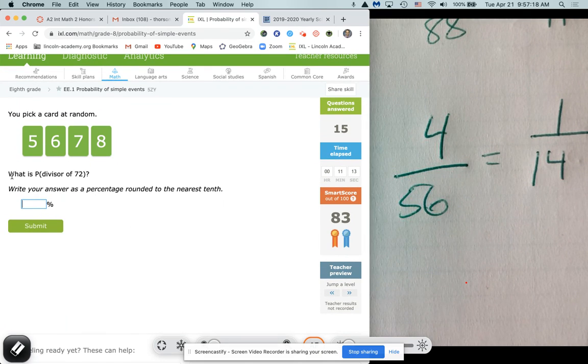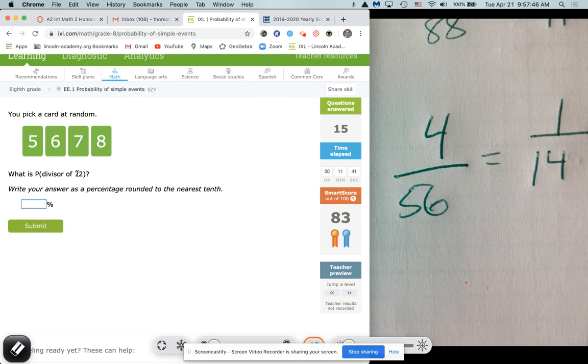This one here says, what is the probability that we get a divisor of 72? I'm glad we're getting to these. I want to make sure you understand what a divisor means. It means numbers that divide into 72. Is 72 divisible by 5? No, it is not. So 5 is not a divisor of 72. Does 6 go into 72? Or is 72 divisible by 6? Yes, it is. So 6 is a divisor of 72.